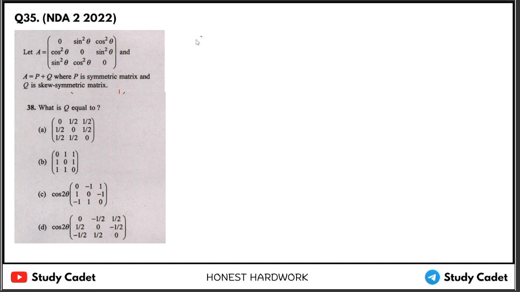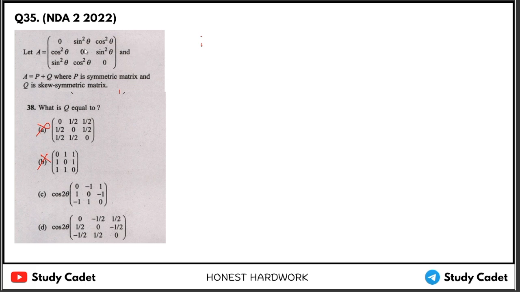Q will be skew symmetric matrix, right? So this cannot be, this can also not be skew symmetric. This is skew symmetric, yes, this one is also. So which one will be? A minus A transpose. This is A minus A transpose.